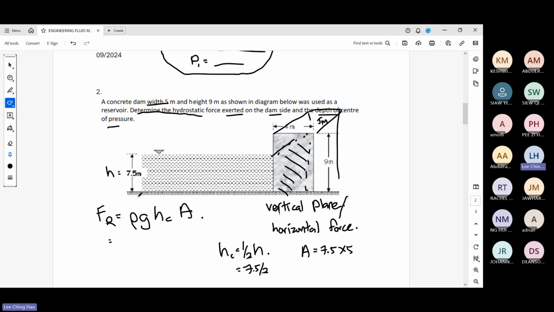For density, of course, normally we use water, so it will be 1000, 9.81, 7.5 over 2. Area is 7.5 times 5. Then you can find a value. Very simple.